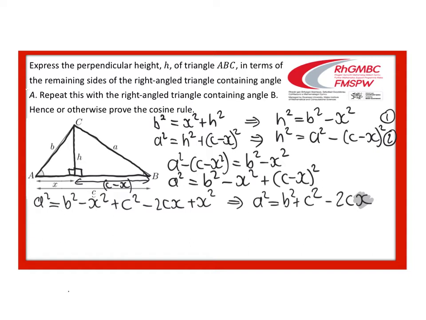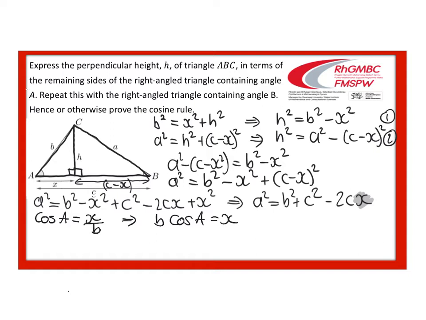Now cos, SOHCAHTOA, adjacent over hypotenuse. So I'm going to get cos a equals adjacent, which is x, over hypotenuse, which is b. And this rearranges to give me b cos a equals x.